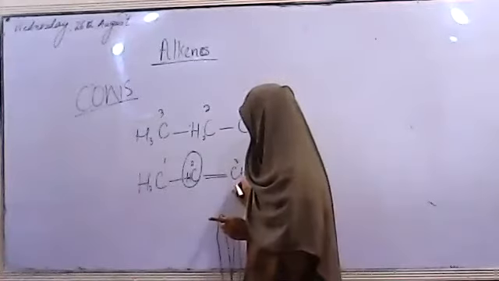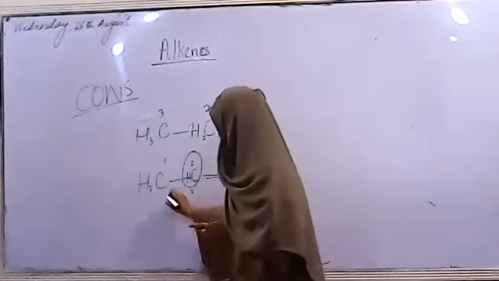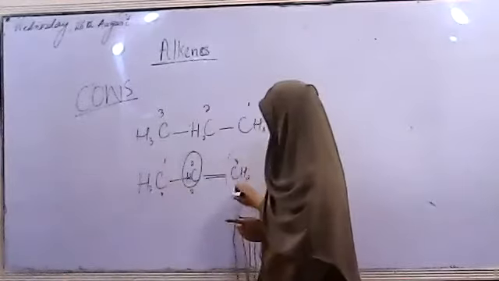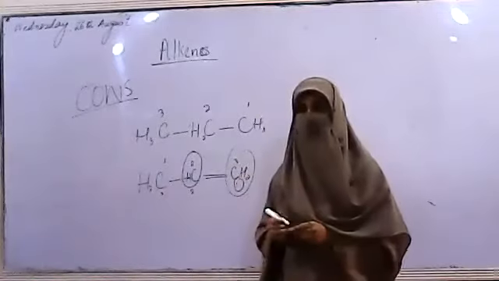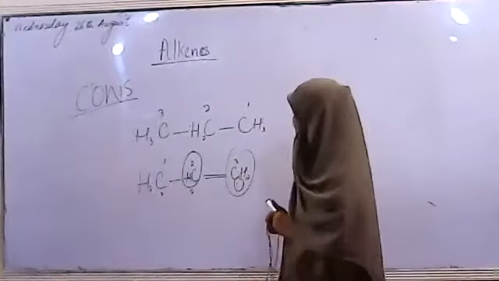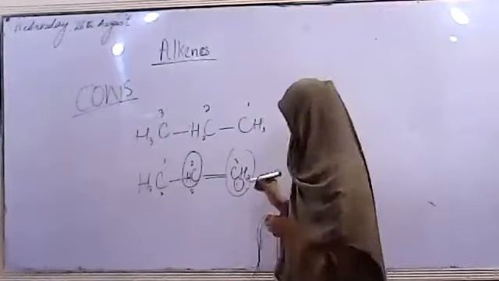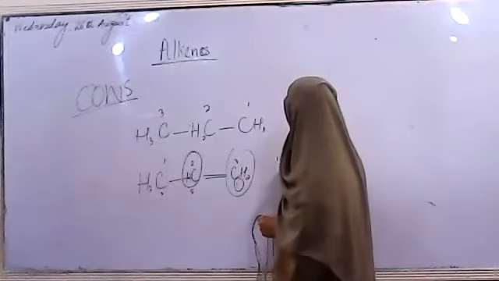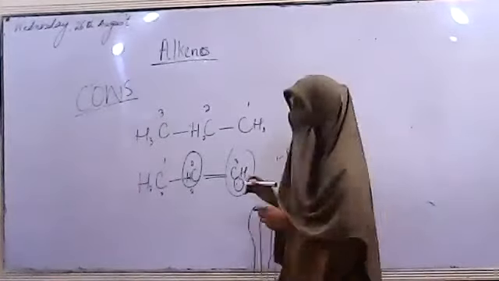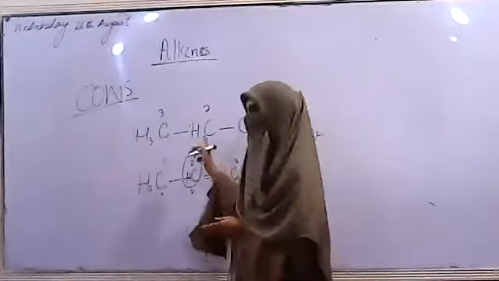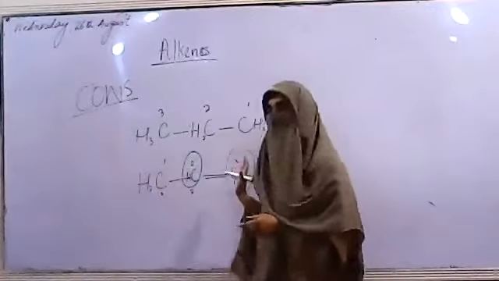But if we start numbering from here, 1, 2, 3, in this case it is 1-propene. Just remember, in the case of propene, we do not have any 2-propene. We have only 1-propene, because if we move this double bond to this position, the compound will be the same.